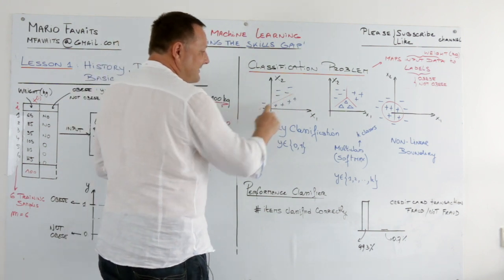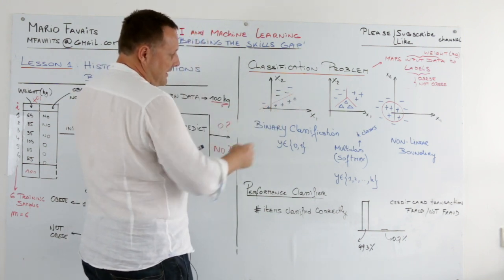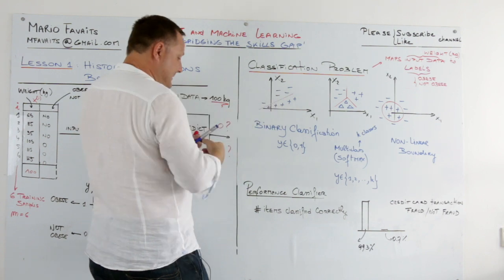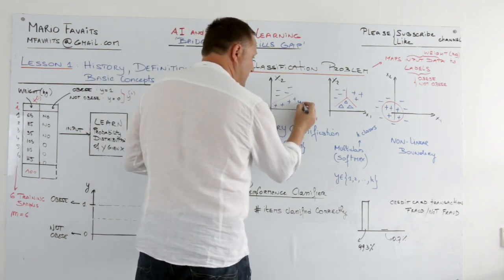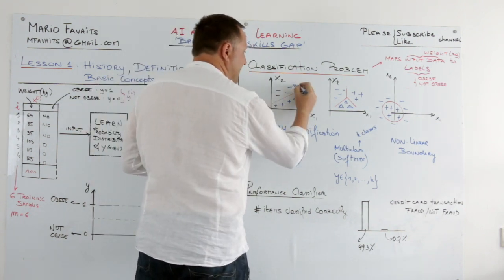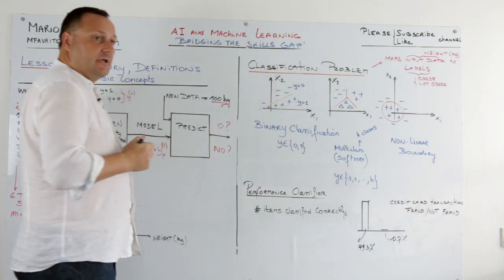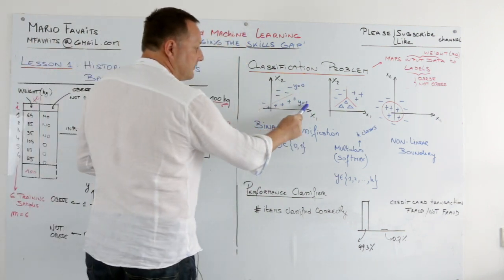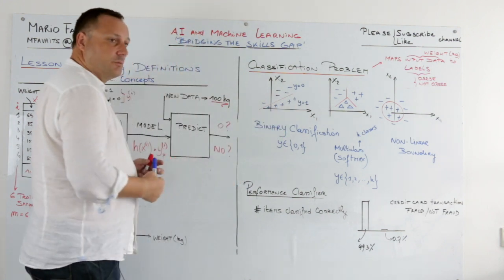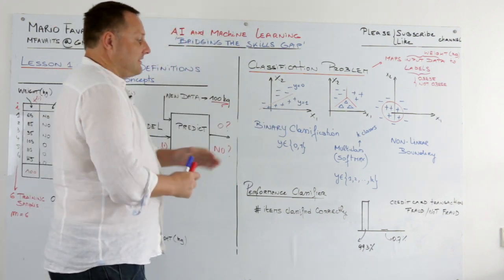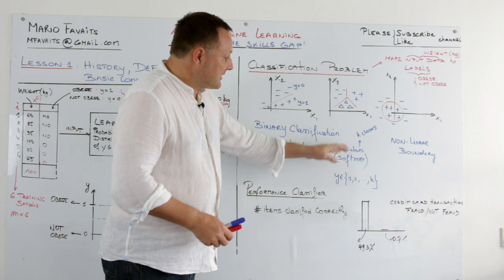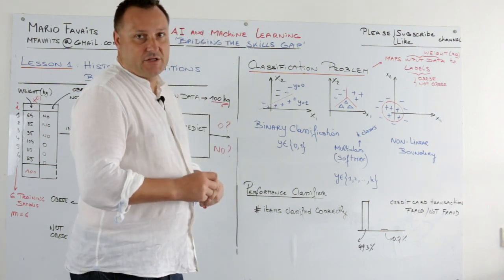This red line here is the decision boundary, and you can see that the plus class, y equals 1, is on one side, and y equals 0 is on the other side. So 1 is tumor, 0 is not a tumor. Now there's not only binary classification, there is also multi-class classification.